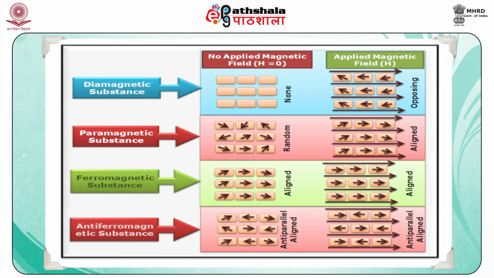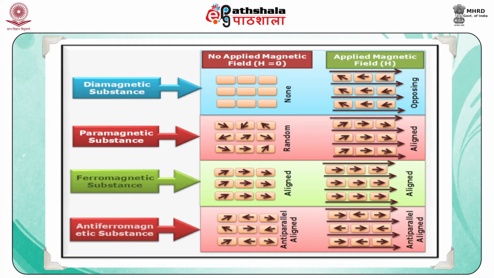Diamagnetism is a very weak form of magnetization that is only exhibited in the presence of an external magnetic field. It is the result of changes in the orbital motion of electrons due to the external magnetic field. The induced magnetic moment is very small and in a direction opposite to that of the applied field.